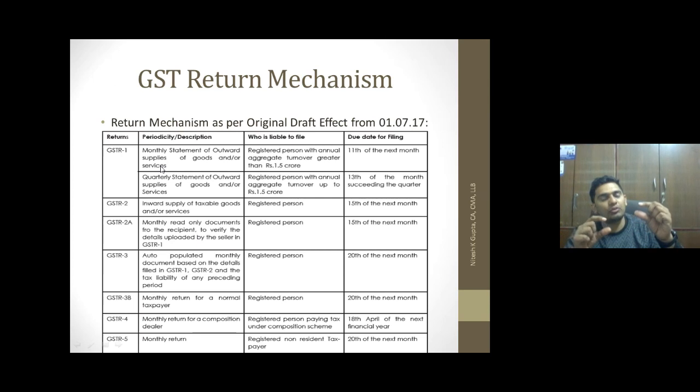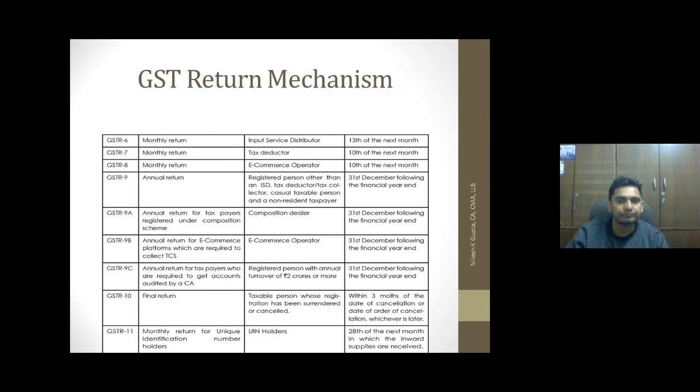Then GSTR 2 is the inward supply return. Every invoice uploaded in GSTR 1 by the seller is matched by the purchaser in GSTR 2. So in GSTR 2 or 2A, the matching happens. The seller's sale becomes the purchaser's purchase and it will match with that purchase.